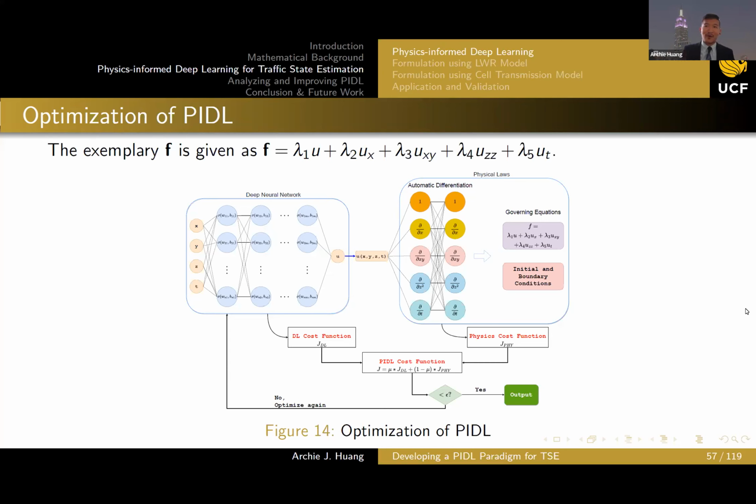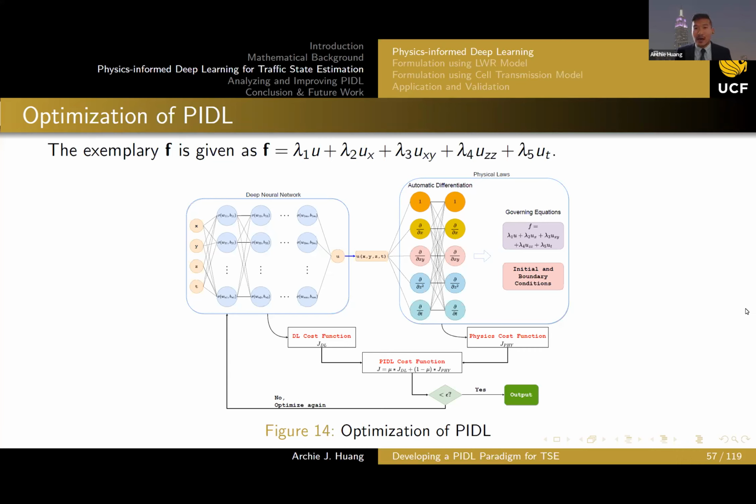Both components play a role in this optimization process. The deep learning neural network on the left produces this JDL cost, which measures how different the estimation of u is compared to the ground truth.